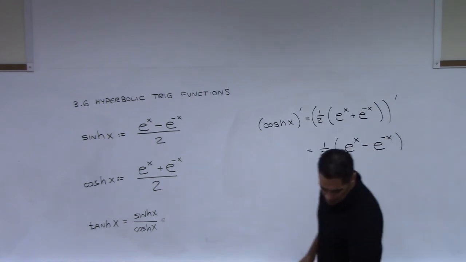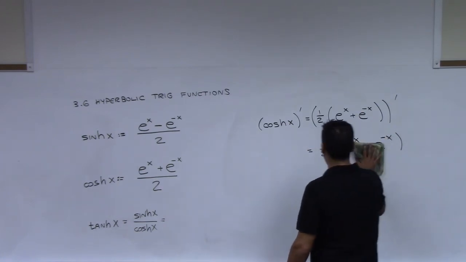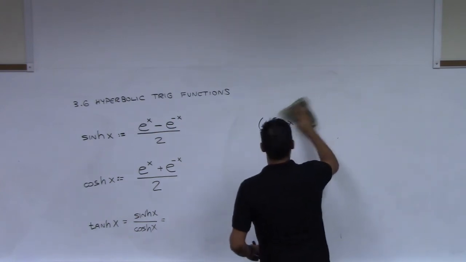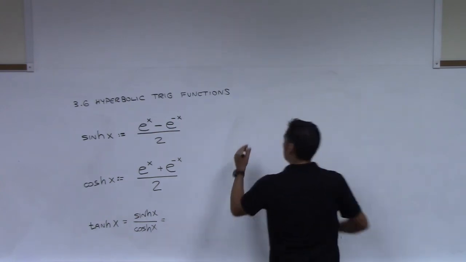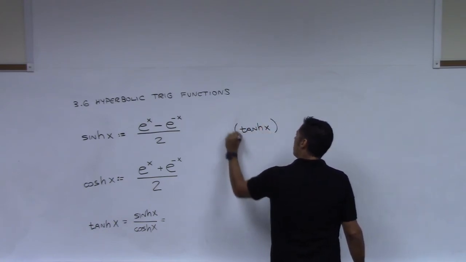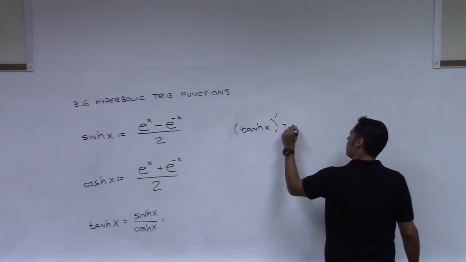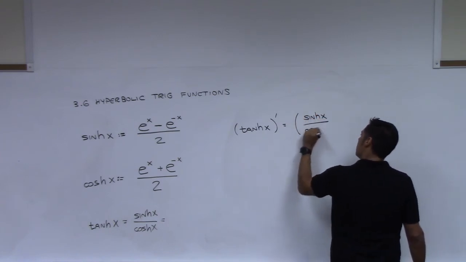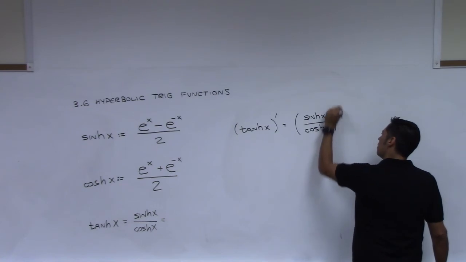Okay, what about the derivative of tangent hyperbolic x? So I want to take the derivative of tangent hyperbolic x. What are we hoping it's going to be? Secant squared hyperbolic x, right? We would be really happy to see that.